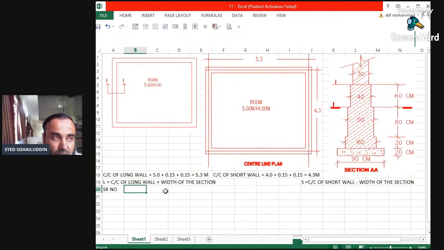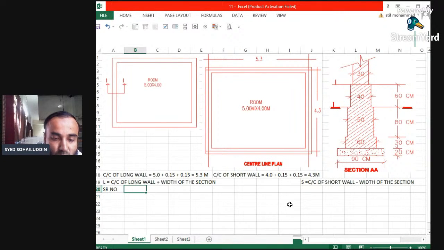Whether we are calculating excavations, PCC or DPC, the columns are: serial number, description, numbers, then length. These are the columns to be used.